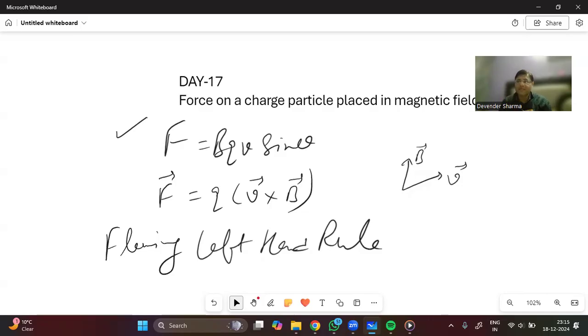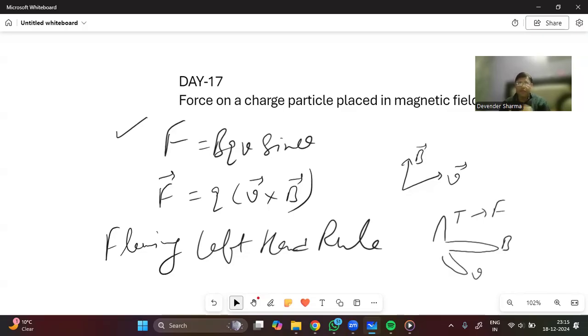So velocity has been given to us, so we'll take it as velocity. This thumb will be considered as the force. The first finger, the forefinger, the index finger, will be considered as the magnetic field, and the middle finger will be considered as the velocity in this case.